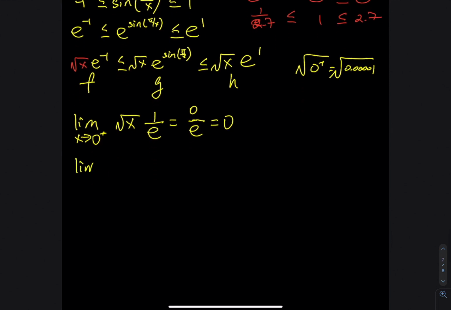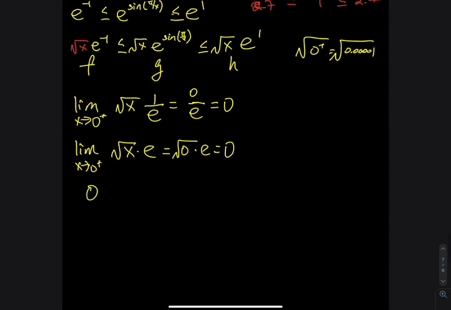And then the other limit is square root of x times e, which is the square root of 0 times e, and that is equal to 0. So since the limit is sandwiched between two 0s, what kind of number is between two 0s?